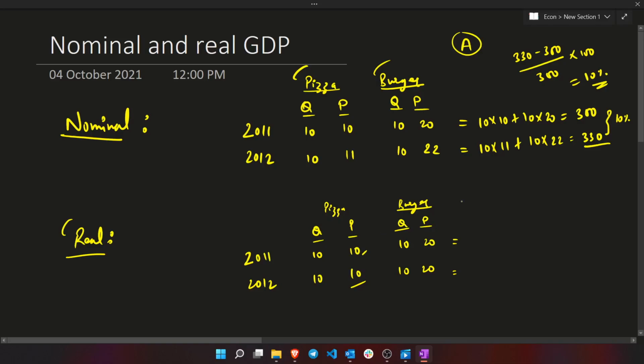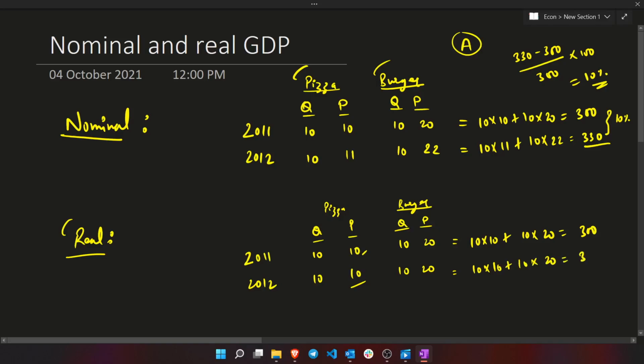So similarly we compute the GDP for this as well. So let's just do this way: 10 into 10 plus, how many burgers, the quantity is 10, and then the burger price is 20, so that will give us 300, right? So far so good? And then in the second year as well, we multiply the quantity into price for pizza and then we multiply it for the burger as well.